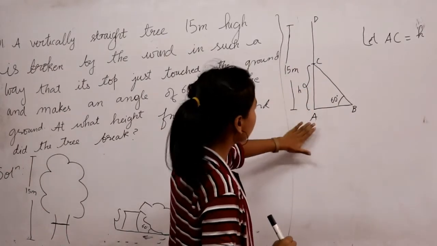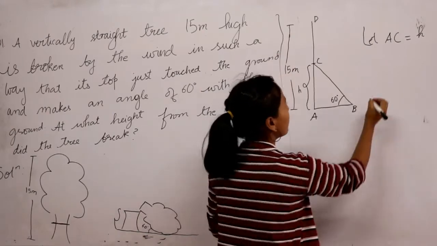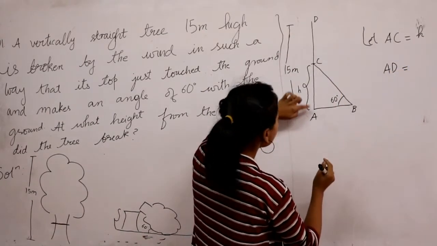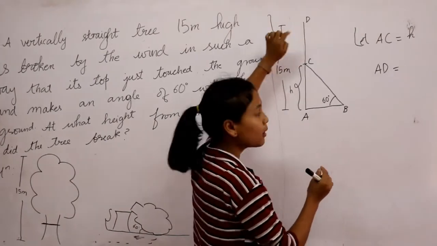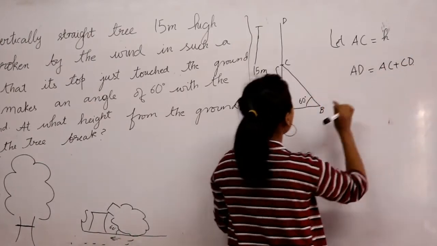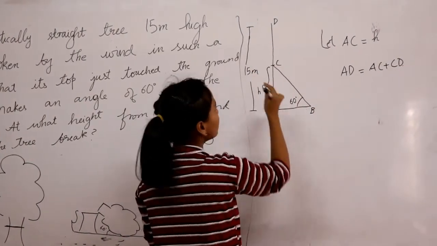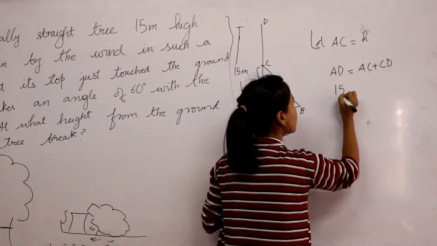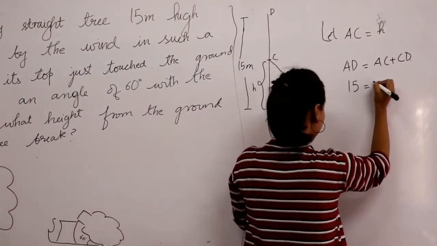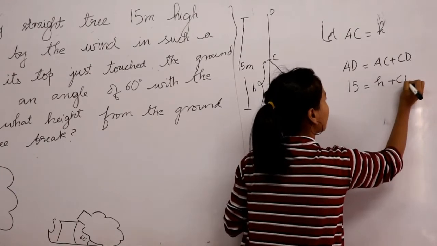If you look at this figure, AD is equal to AC plus CD. Now, AD is the height of the tree, 15 meters. AC here we denote by H. So let us put here H plus CD.